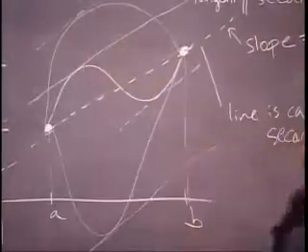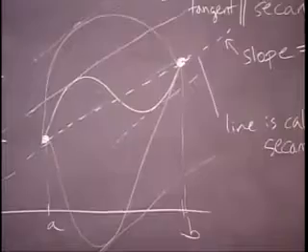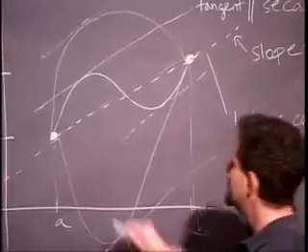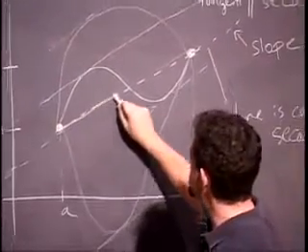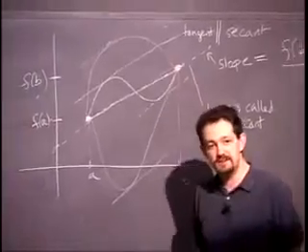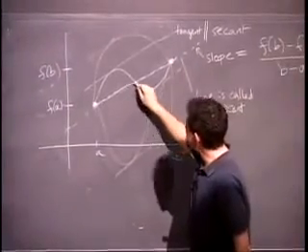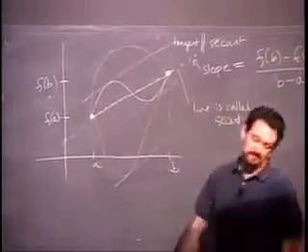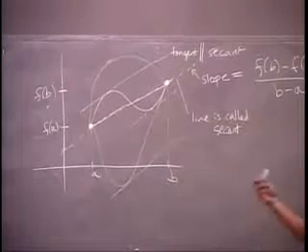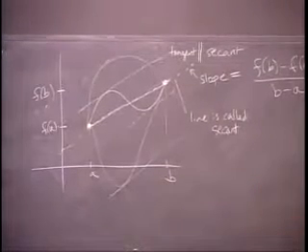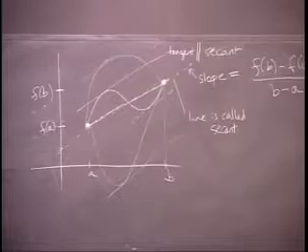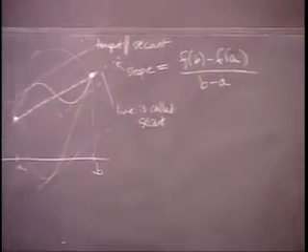All these lines are parallel to the secant. Of course, the extreme case is if the thing is just a line all the way from there to there, and then every tangent everywhere is parallel to that line. The slope is always f of b minus f of a over b minus a. Okay, so that's called the mean value theorem.